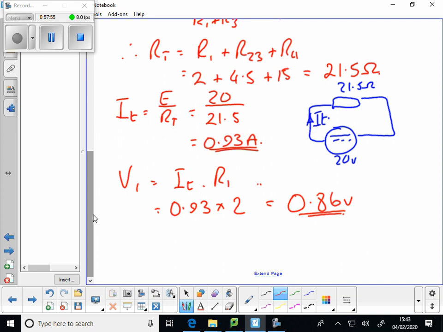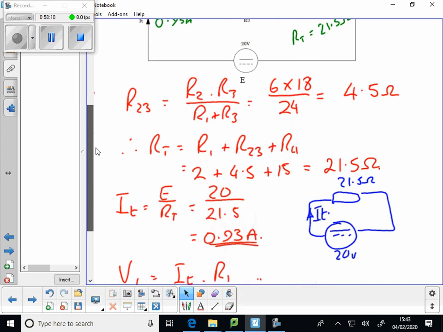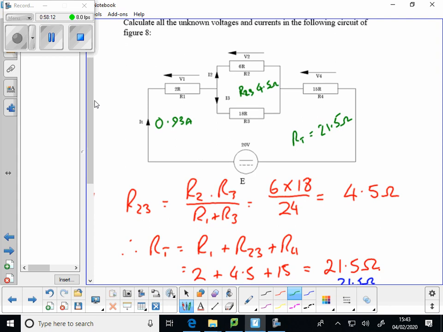Okay, so we've now got that voltage 1.86 across there. What else can we calculate?